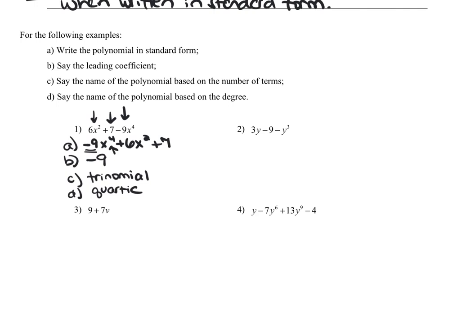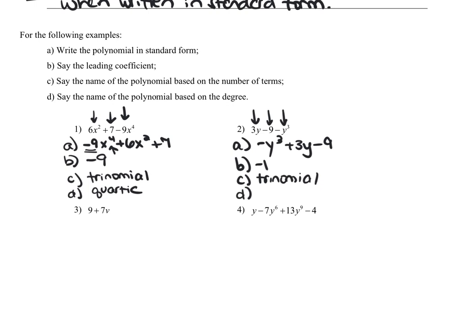So rewriting number 2 in standard form, your highest power is the y cubed. So negative y cubed. My next highest degree, degree 1, would be a positive 3y. And then the constant at the end, minus 9. My leading coefficient with the negative out in front, that's understood to be negative 1. Again, I have terms, 3 of them, separated by plus or minus, so that is called a trinomial.